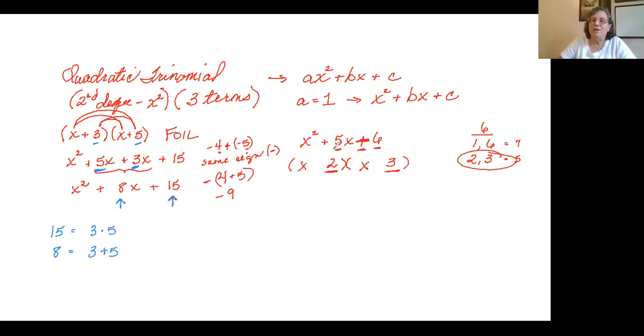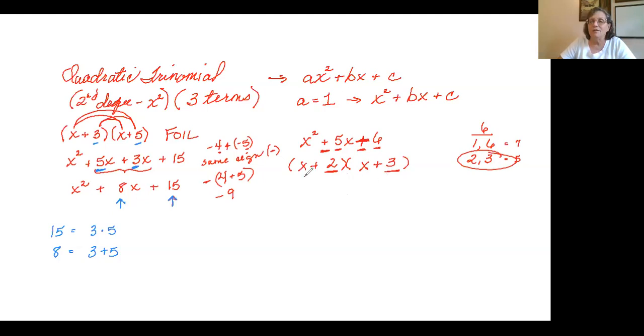Now, figure out what you need to have as far as the signs in front of the 2 and the 3 to get a +5 out of it. And of course, a +2 and a +3 will add up to a +5. No other combination of signs will work. So this is the factorization of x squared plus 5x plus 6.